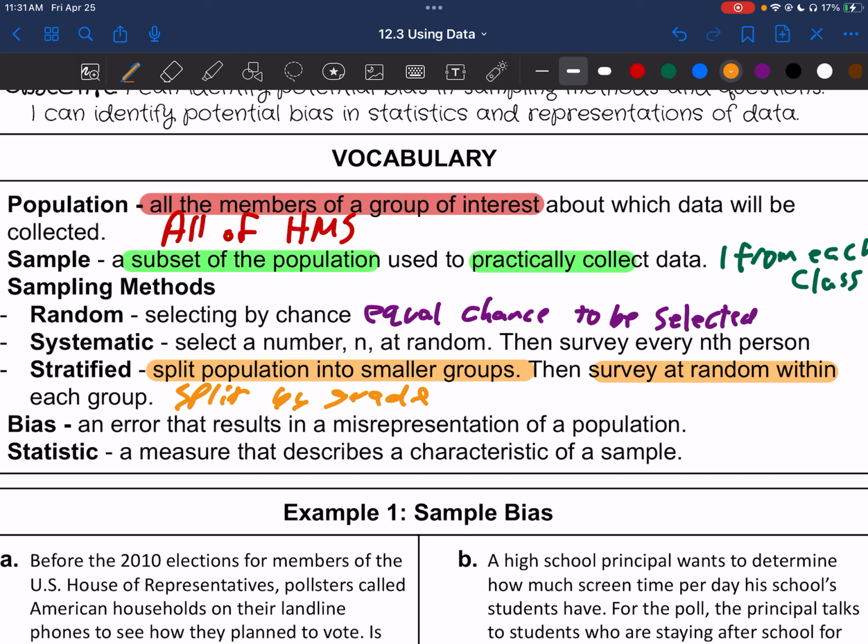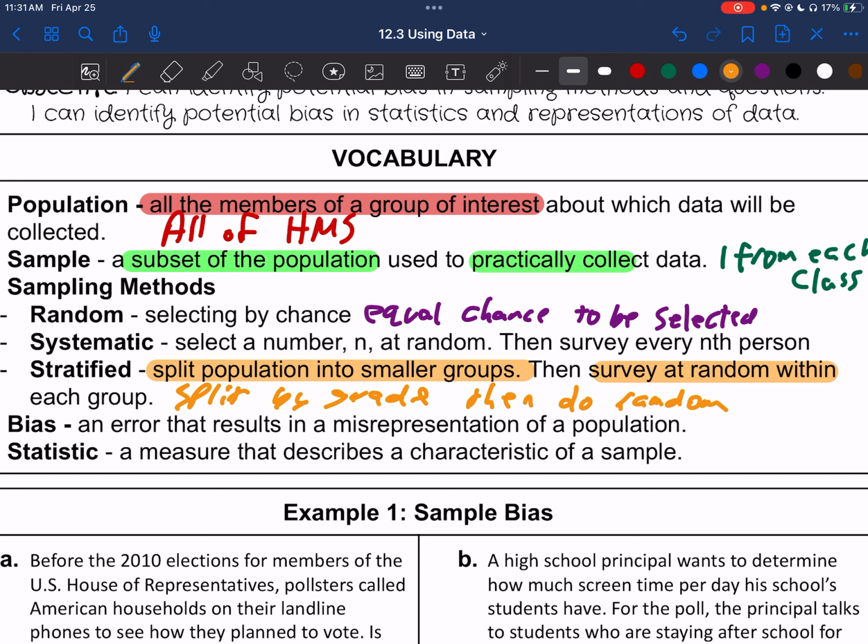And then do random. So we're going to split it into a smaller group and then do a random sampling. So if we split by grade, so now instead of a 1 in 900 chance of getting selected, you have a 1 in 300 chance of getting selected. And you're going to get representation from sixth grade, seventh grade, and eighth grade.